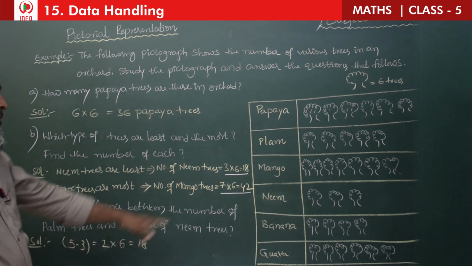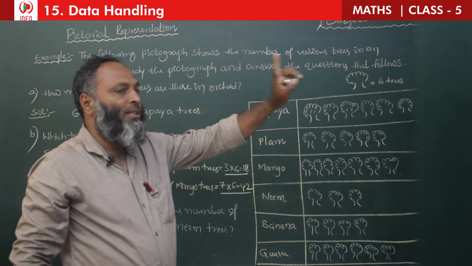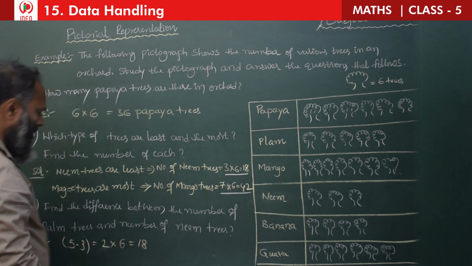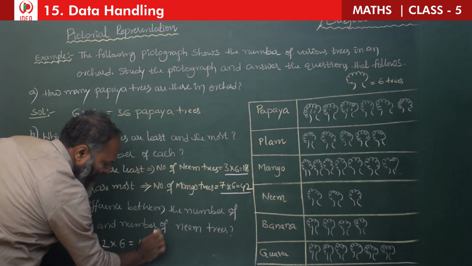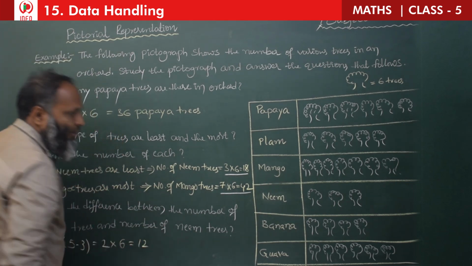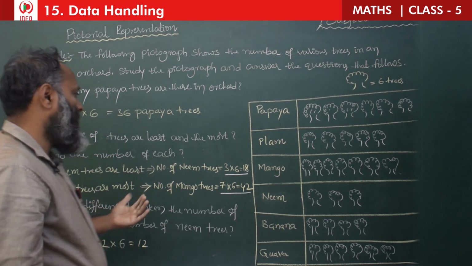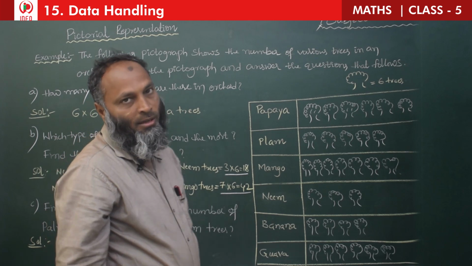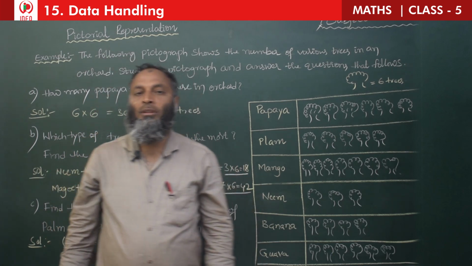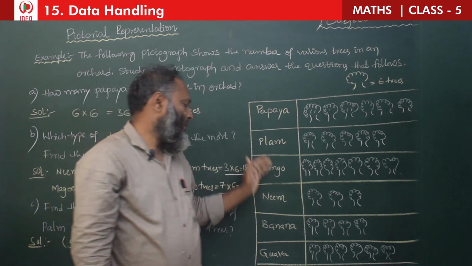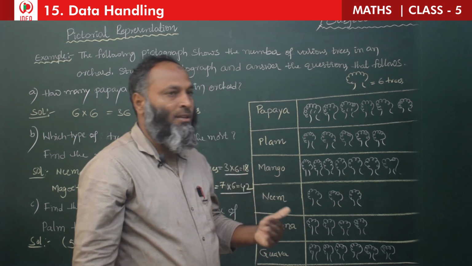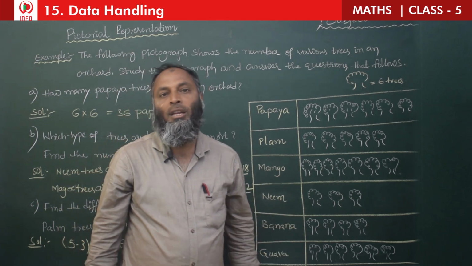These 2 we should multiply with the unit. 1 tree represents 6 trees, that means 2 sixes are 12. The difference is 12. So palm trees are more than the neem trees. 12 palm trees are more than the neem trees.